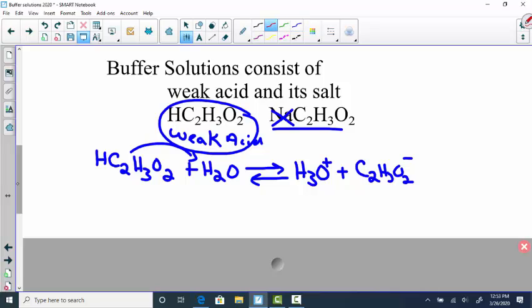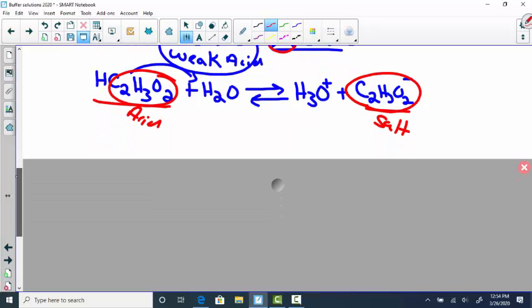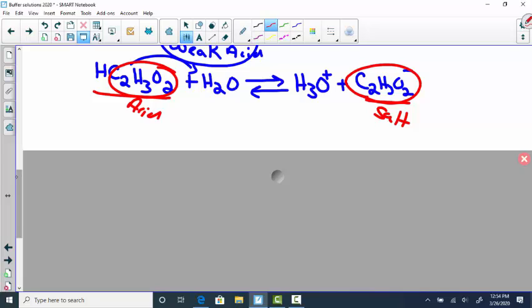And the sodium doesn't matter, so the sodium is not part of that ion, but now I have the acid and its salt that actually matters. So this is the acid that matters, and that's the salt that matters. And essentially you can see that this is a common ion right there. So that's all a buffer solution is, a weak acid and salt.